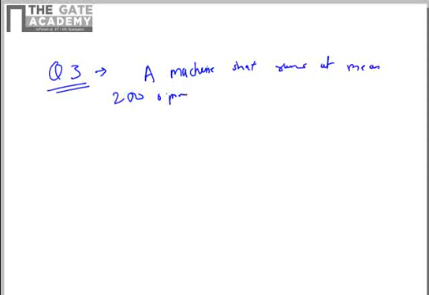So now we consider one more numerical example related to flywheels. Here the problem given is that a machine shaft runs at a mean 200 rpm and requires a torque.